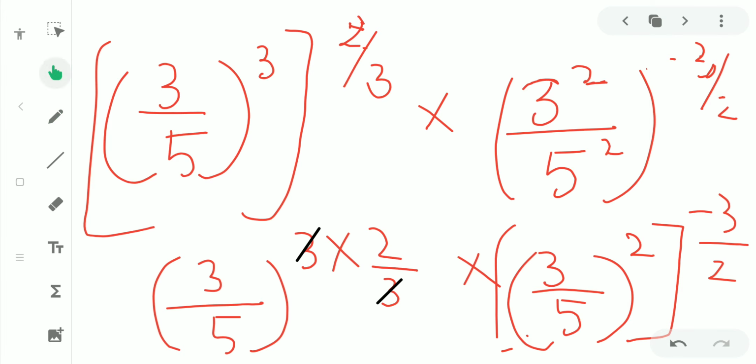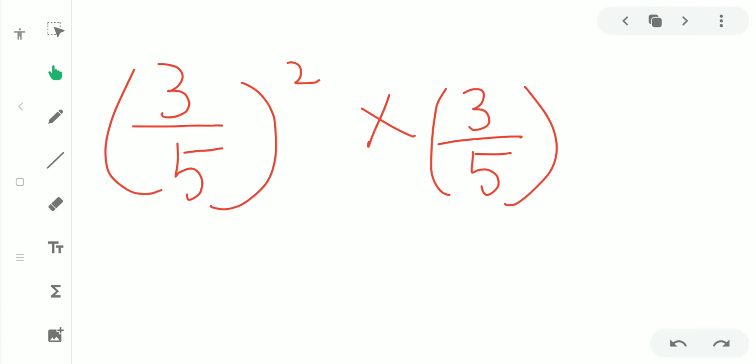So I will have 3 by 5 power 2 into minus 3 by 2, and here also you will be having 2 and 2 getting cancelled.